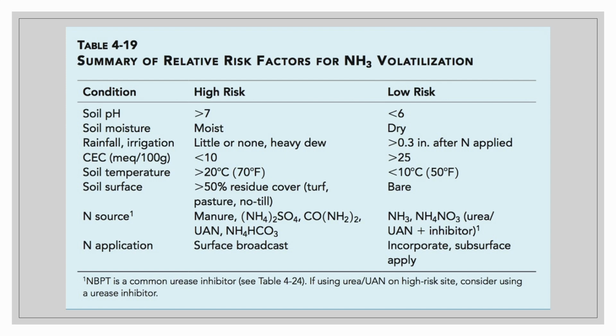But if we call the buggy up and tell them to come out and broadcast fertilizer in the wrong environmental conditions, when the temperatures are above 70 degrees Fahrenheit, springtime, right, when we're moving into May and wanting to plant our crops, and we did a surface broadcast and didn't get any rainfall, because typically when we go to apply fertilizer thinking that rainfall is coming, it doesn't. On a low CEC soil, which many of ours are, we're going to get volatilization.